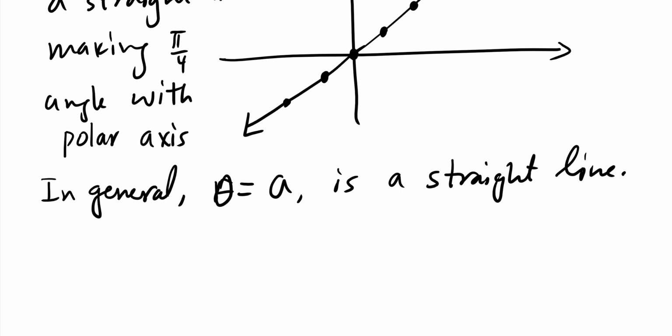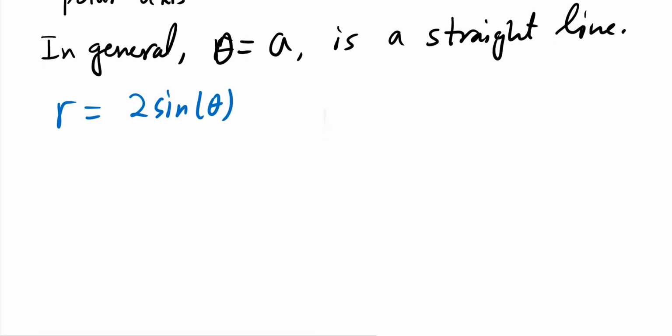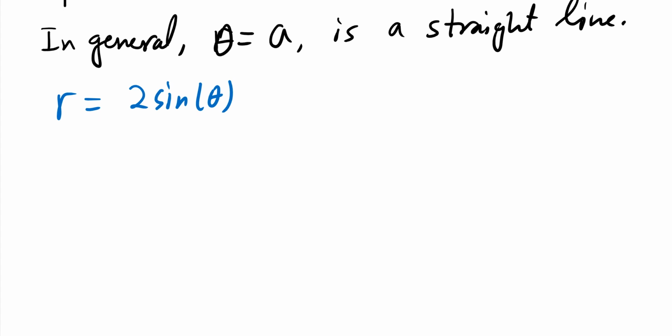How about if they change it to a different one? Let's say they ask us not just r equals a number or theta equals a number, but r equals 2 sine theta. Again, we're going to take values for theta and get the corresponding r values.